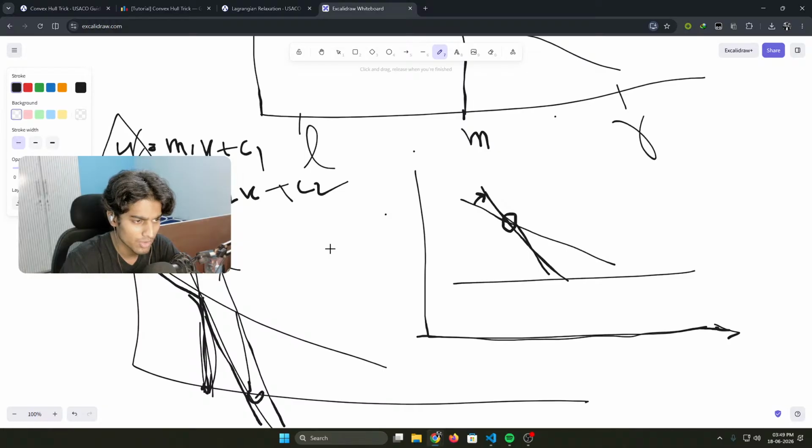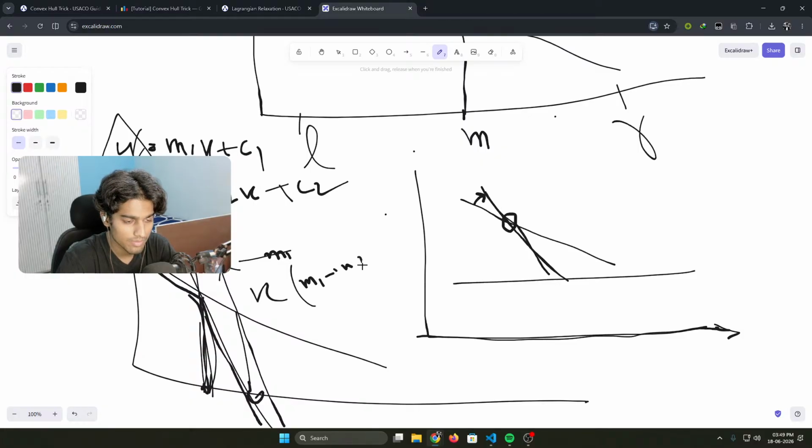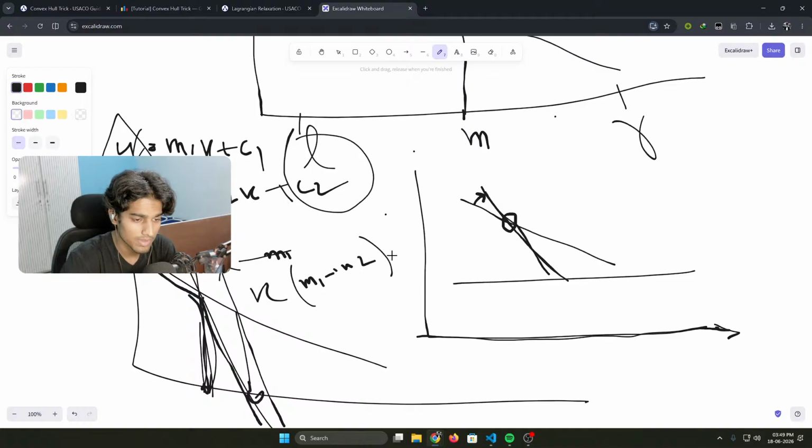We can subtract both, so this will be 0. We will have x common, m1 minus m2, and we will also have c1 plus c2.